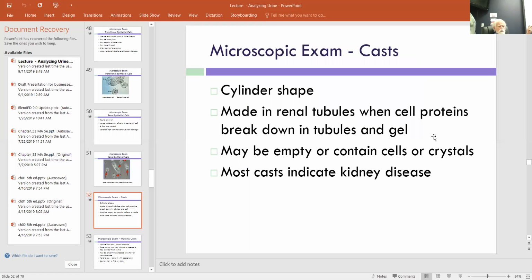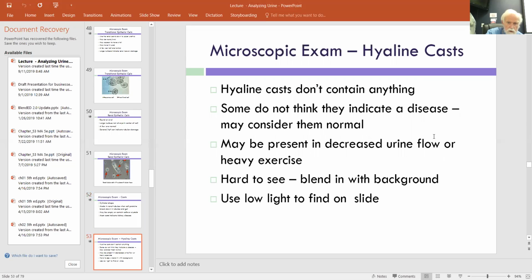Casts, we hope we don't see, because usually we're concerned about breakdown of the proteins in the tubules, and could indicate kidney disease. Again, could indicate kidney disease because nothing is set in stone. But what it does say is, got to check it out. We need more tests. As I said, we can do 100 tests on the kidney, on a urine sample.